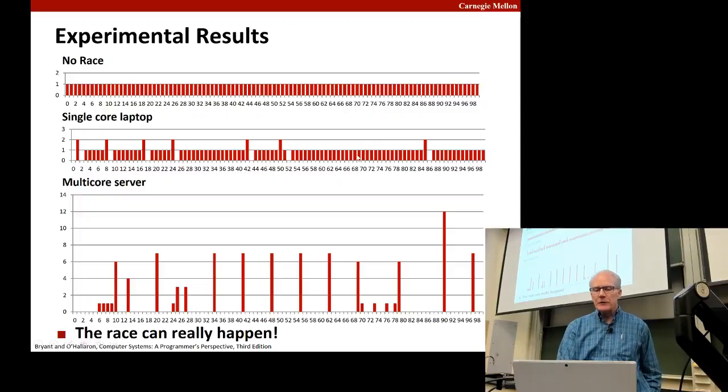Even running on a single core laptop, which you might have trouble finding nowadays, this I did a while ago, you see that the race still occurs. There are a couple of times when it gets around this loop twice before the threads have a chance to respond. So there are a few cases where no one gets value 0, but 2 of them get value 1, and so forth.